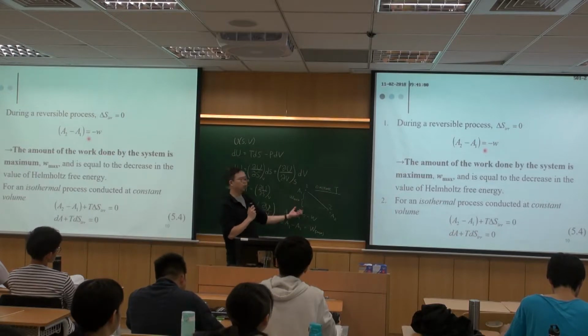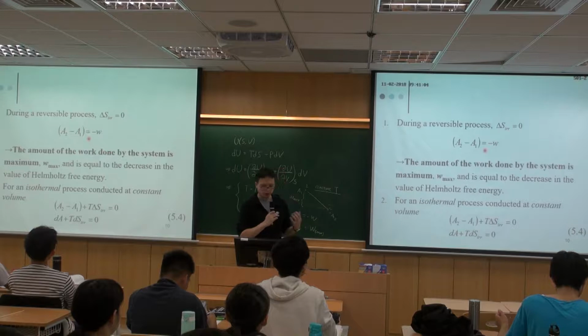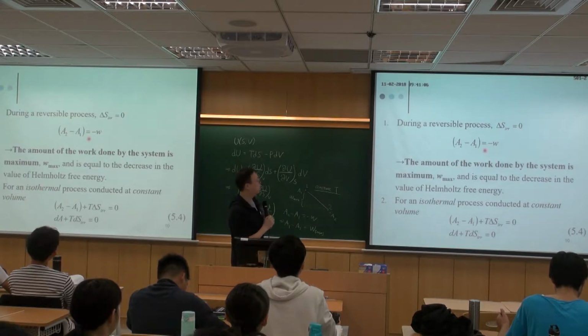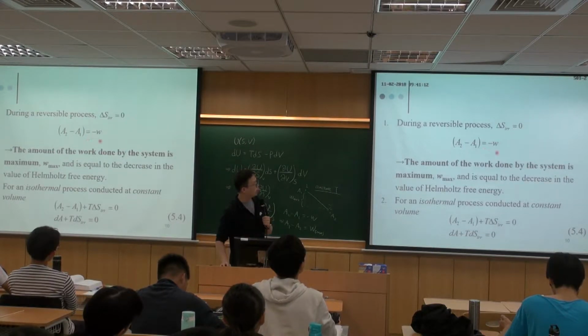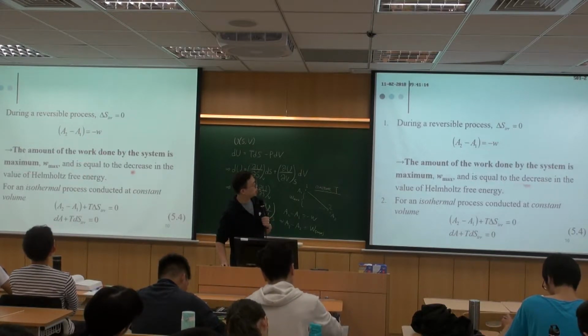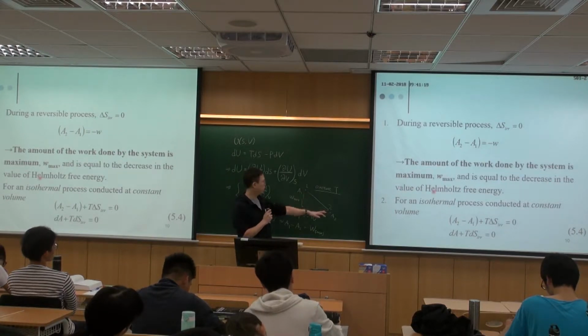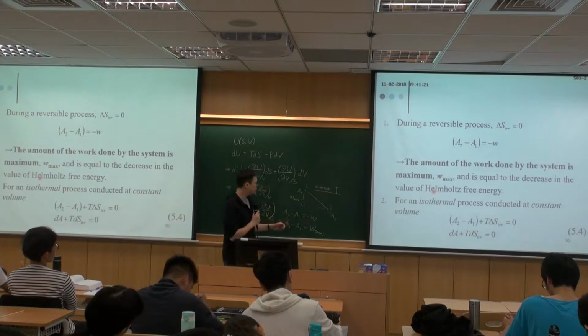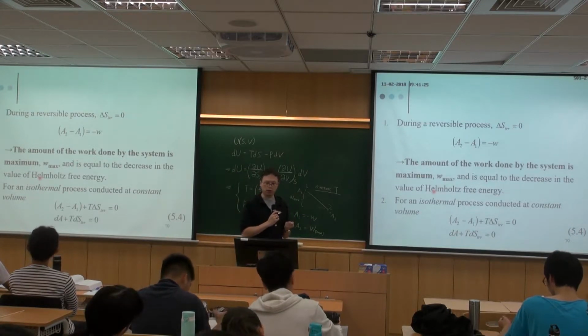So this is what I just plotted out schematically. The amount of work done by the system is maximum when you're dealing with a reversible process, and it will be equal to the decrease in the value of Helmholtz free energy. So the difference of Helmholtz free energy between the initial and final state will give you the maximum work that a system can do.